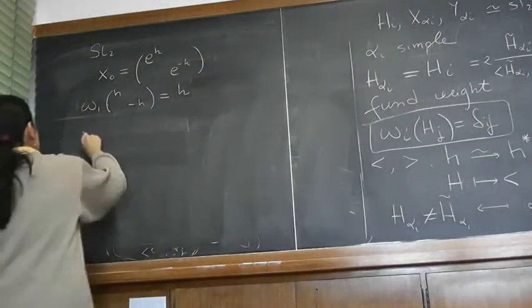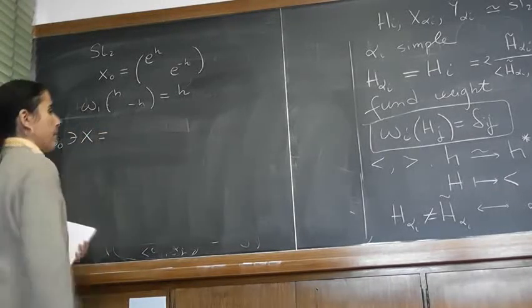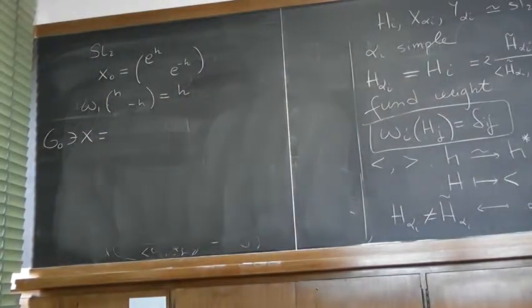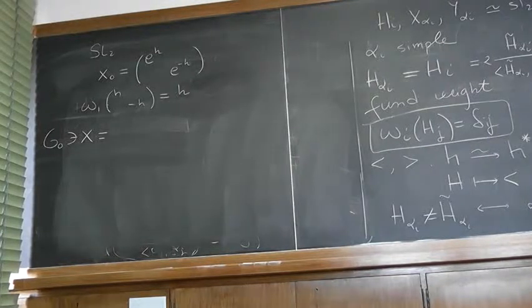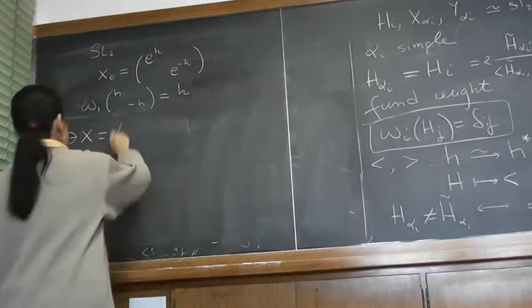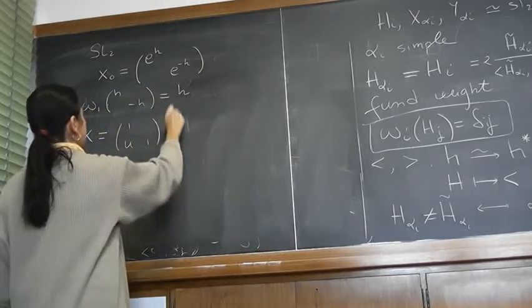So we need to write x in G0, but we are very happy about this. It is a product of an element of n minus, h and n plus. N minus and n plus we know extremely well, because n minus is the one parameter subgroups of this type, so it is 1 u1 times.